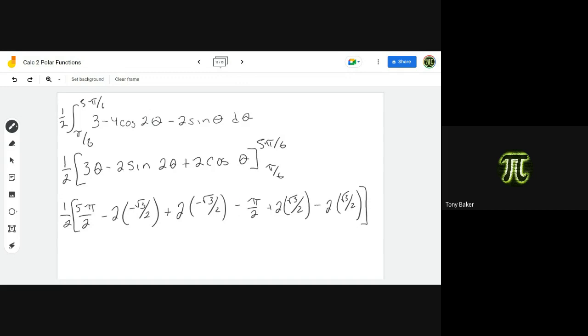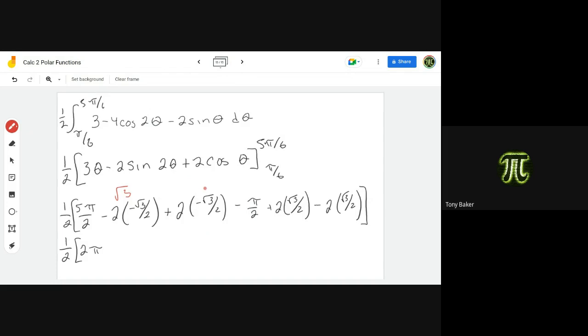All right, I think I got all those done right. Here comes the big reveal at the end. So I've got 5 pi over 2 minus pi over 2, which is 4 pi over 2, which is just 2 pi. This right here becomes square root of 3.